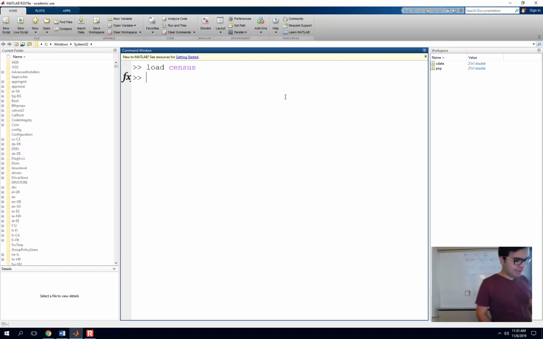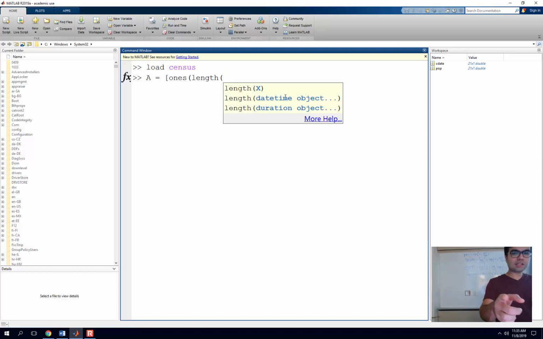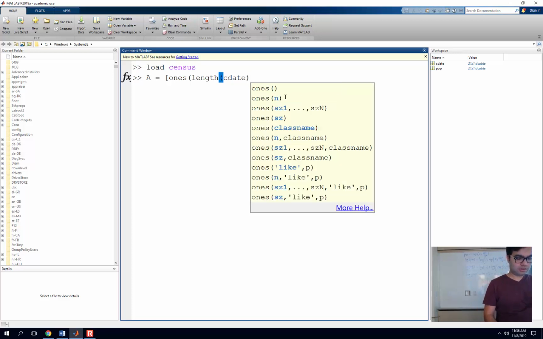So A is equal to ones of length of, in this case, my date is C date, right? C date, comma 1.